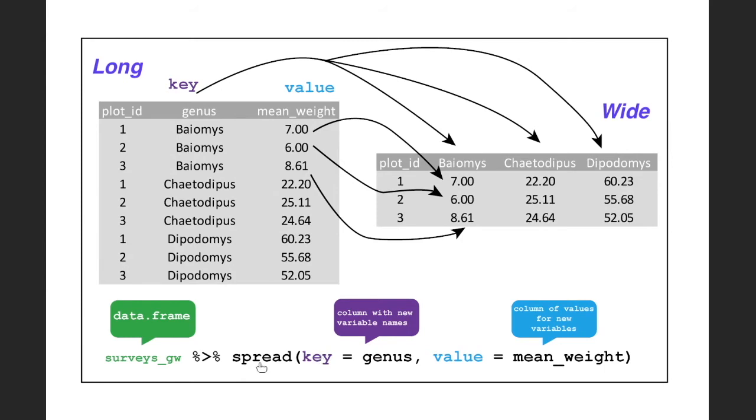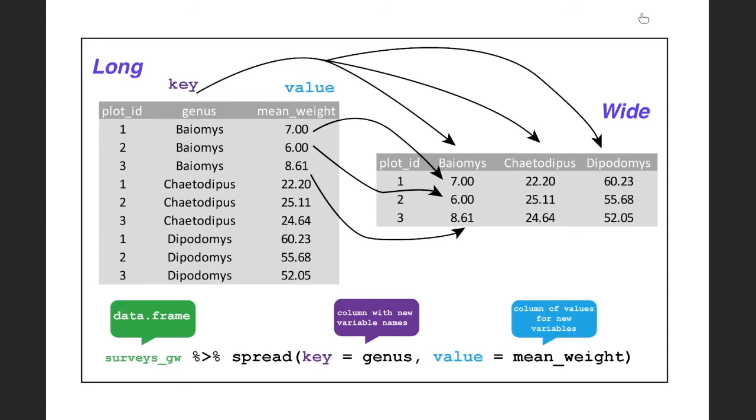So the function is called spread. You use a key, that is genus, the column with the new variable names. So you have here 3 different columns, and the value is the mean weight column for the new variables. Our surveys_gw is this table that we have here.